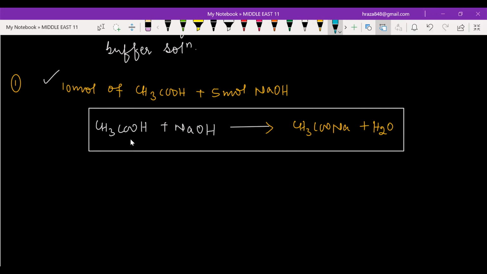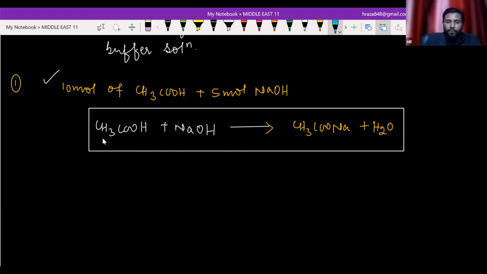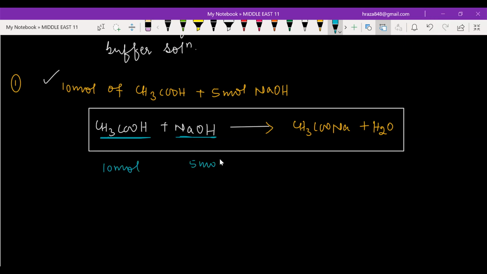Now see, if it is balanced, the stoichiometric coefficient of CH3COOH is 1. That means 1 mole of this is required to react with 1 mole of NaOH, right? In the question, this is 10 mole and this is 5 mole.